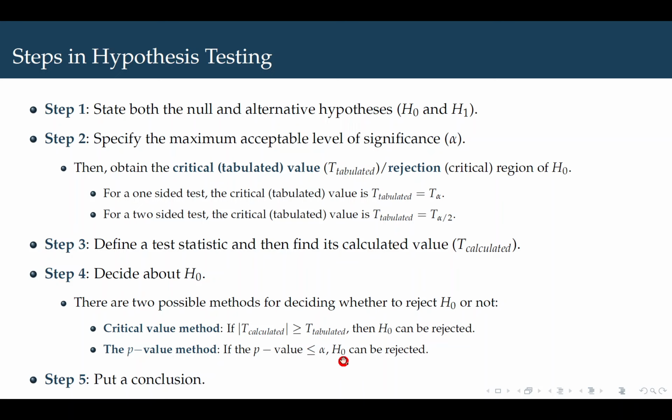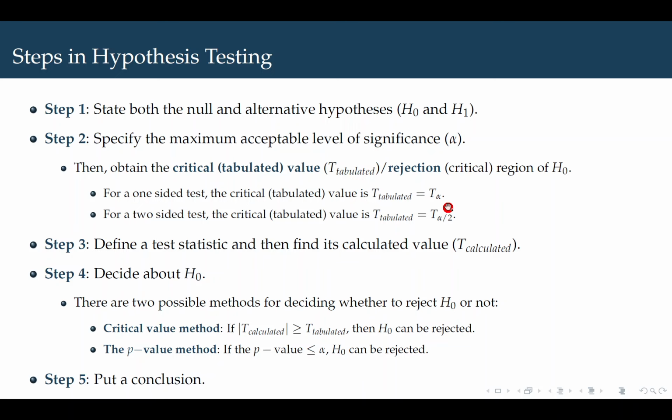Then based on this decision, that is the rejection or non-rejection of H naught, finally we are required to put a conclusion, or let's say a final interpretation of the hypothesis testing results. So we will follow these 5 steps in conducting a statistical hypothesis test. First, we need to state the null and alternative hypotheses. Next, we need to specify alpha. Based on alpha, we need to obtain the tabulated value of the test statistic from the theoretical statistical distribution tables.